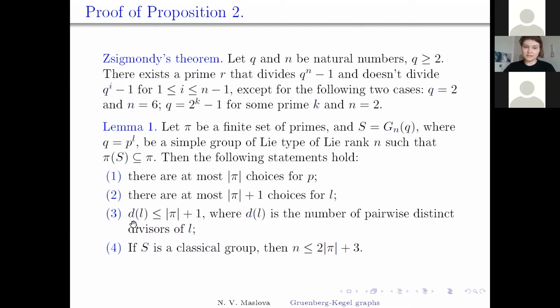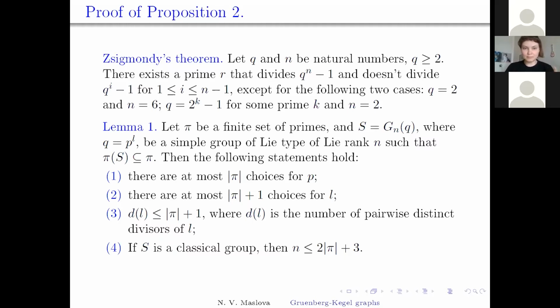And if we take the number of distinct prime divisors of l, then this number is bounded by the order of pi plus 1. It's similar, a corollary of Zsigmondy's theorem. And if S is a classical group, then its rank is bounded by a linear function of the order of pi.